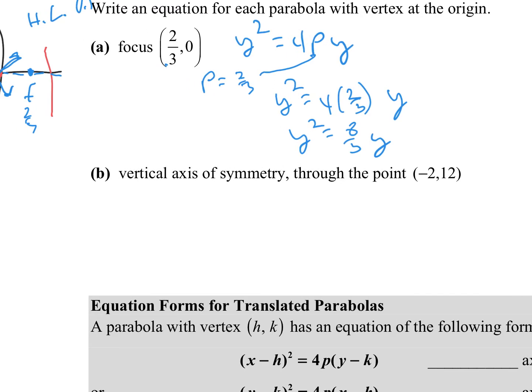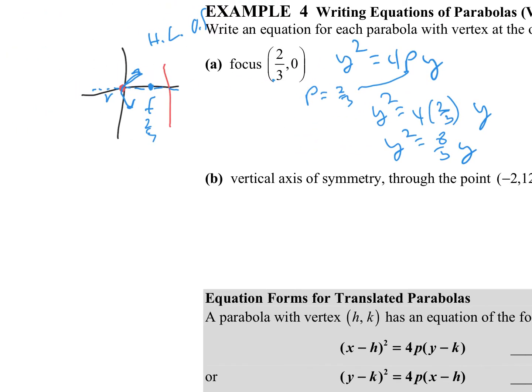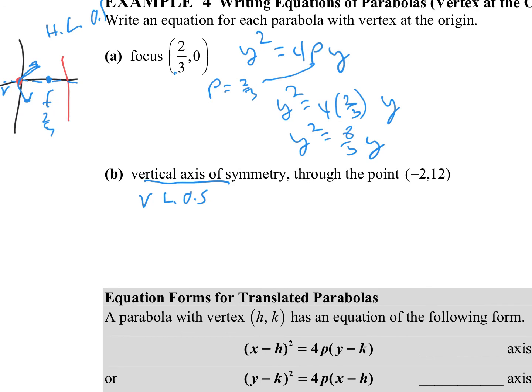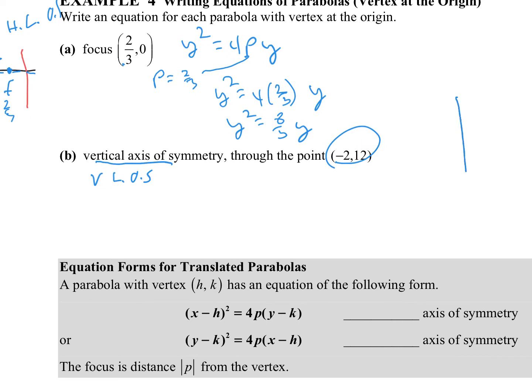Easy peasy. What about a vertical line of symmetry? That's what this means. And we know that this line of symmetry, and there's a point on that parabola, negative 2, 12. So what does that look like?